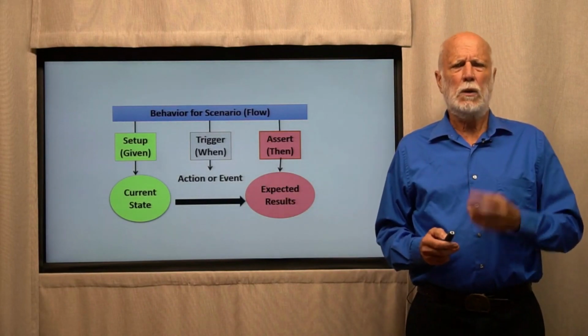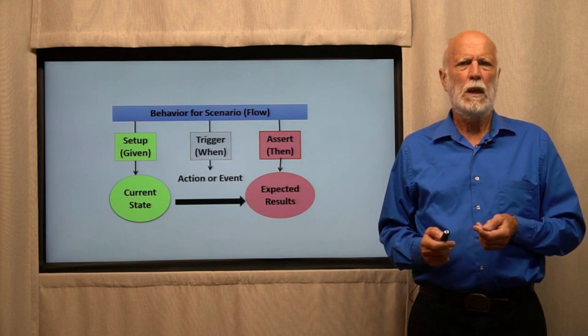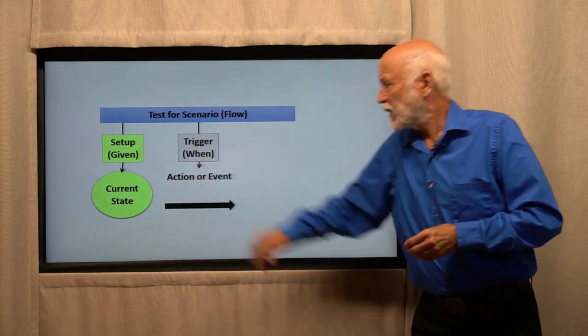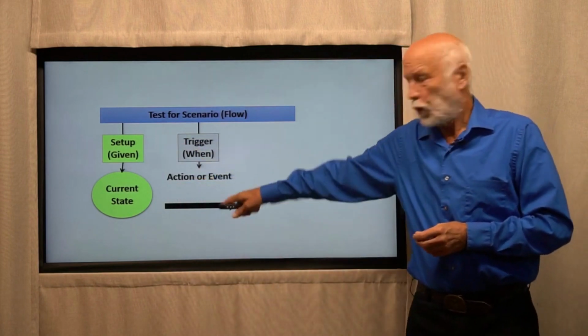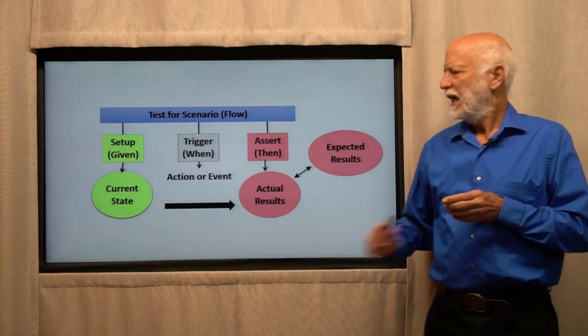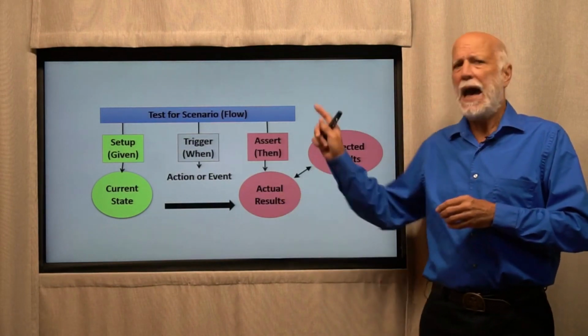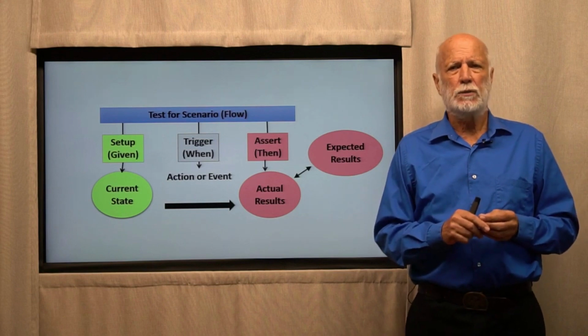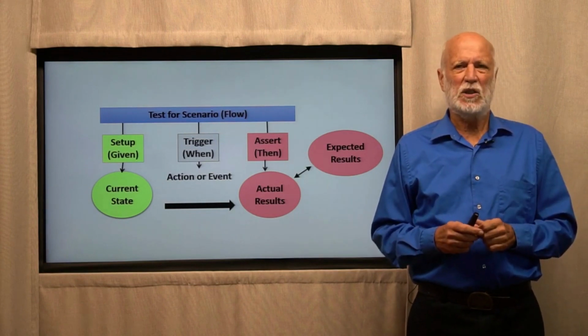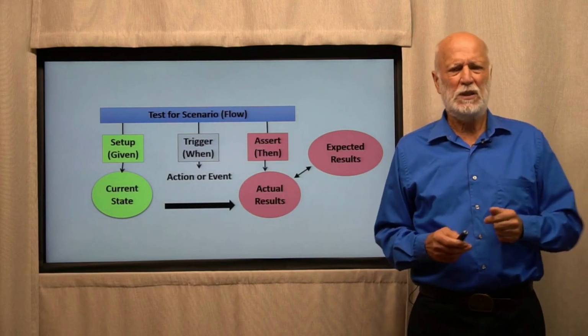That's a scenario of behavior. Well, what's a test for this scenario? We need to set up that current state, trigger the action or event, and then check that the actual results match our expected results. If they do, our implementation passes. If not, well, we still have work to do.